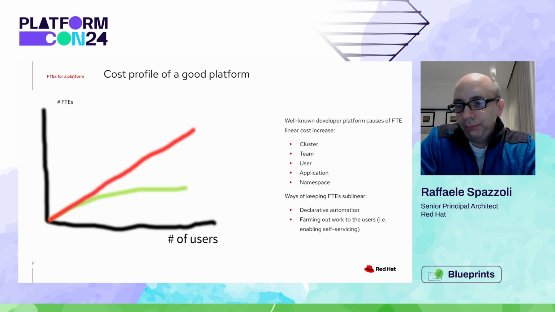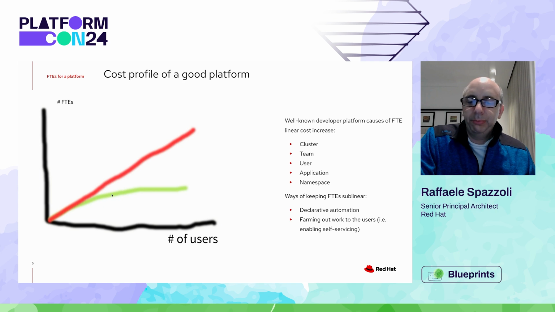And when we think about a process that we build around the platform, we think about some level of adoption, some metrics of adoption. For example, here I have number of users, but it could be number of clusters, it could be number of teams, and we think about the cost of maintaining that process as we scale out with our scale out metrics here. If we plot that cost, the plot should look like the green line.